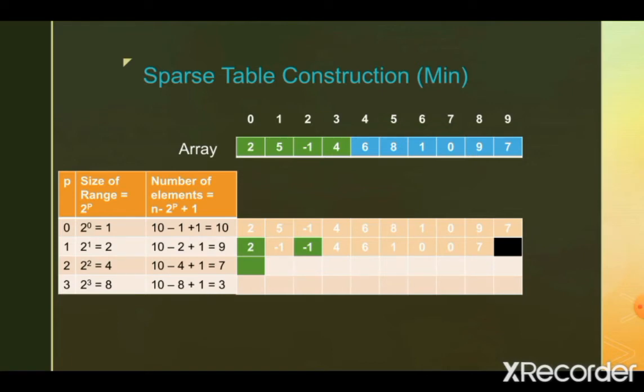The minimum value for the first range 0 to 1 we have already computed in the second row of the array, as highlighted, and its minimum value is 2. The minimum value of the range from 2 to 3 we have already computed in the second row of the sparse table, and its value is -1. So the value of the first element in the third row corresponds to the minimum of these two values, 2 and -1, as highlighted in the second row of the sparse table. So the minimum value is -1.